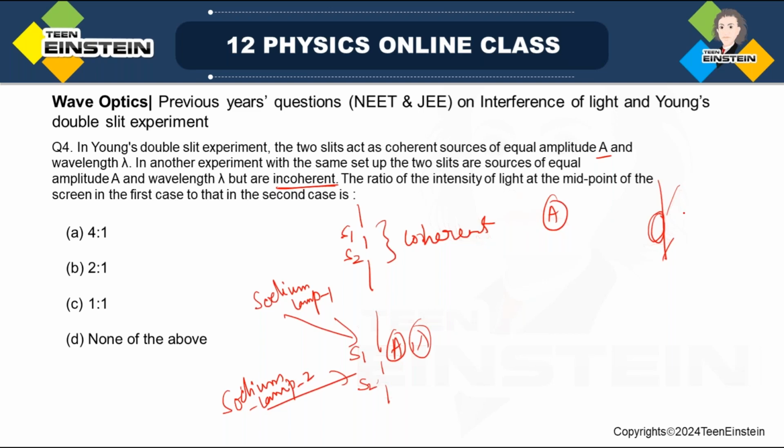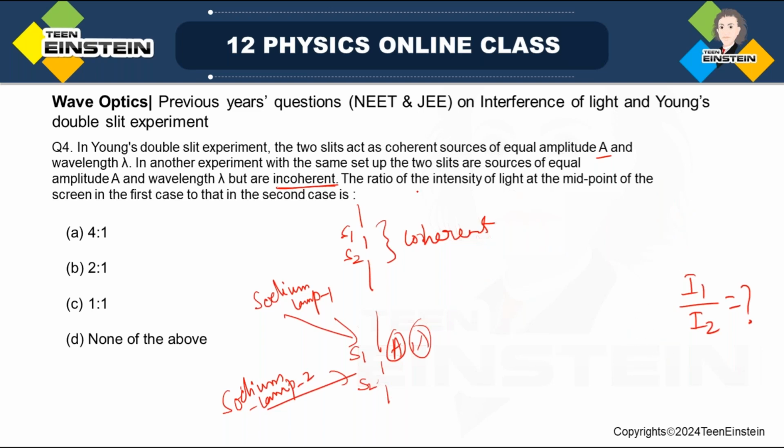So the intensity here we get in the first case I1, and in this case the intensity we get in the middle, suppose I2. So the question is, what is the ratio of these two? So this is the question. I hope you have got the question. I'll now answer this. Let me answer.